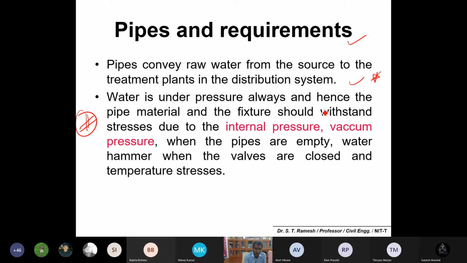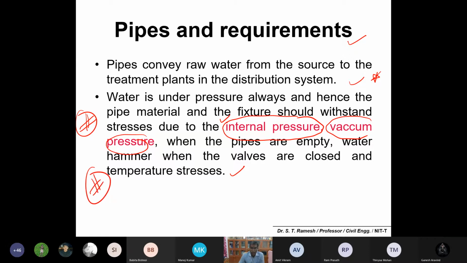Water is under pressure always, and hence the pipe material and the fixtures should withstand stresses due to: number one, internal pressure. Please make a note on number one, internal pressure. Number two is vacuum pressure, when the pipes are empty. Number three, water hammer, when the valves are closed. And temperature stresses. Please make a note on these points.